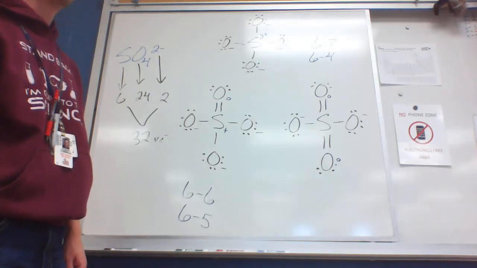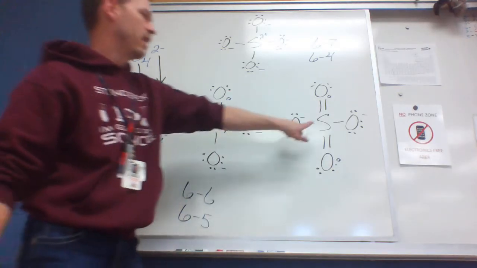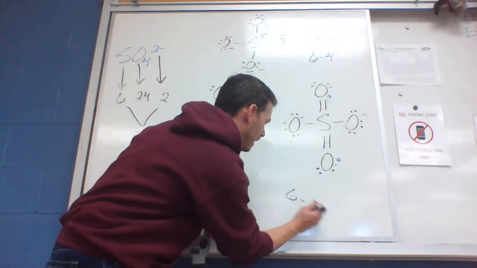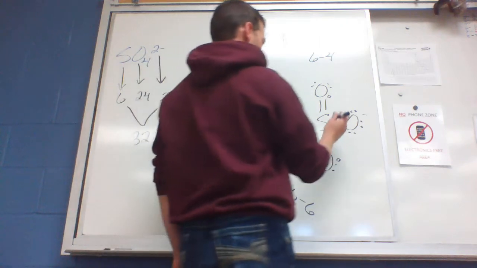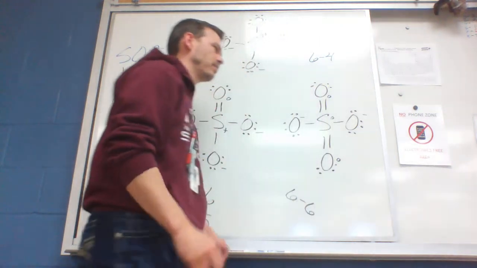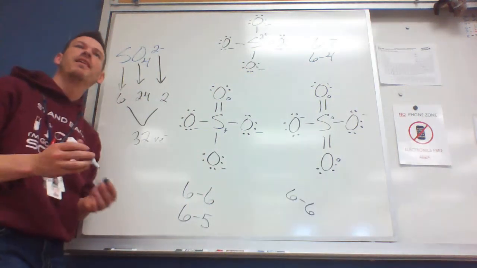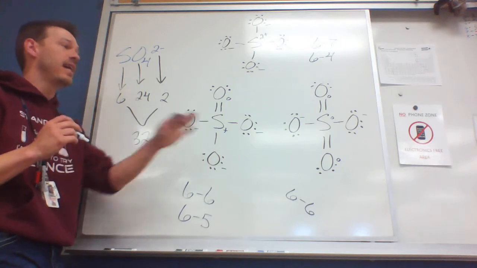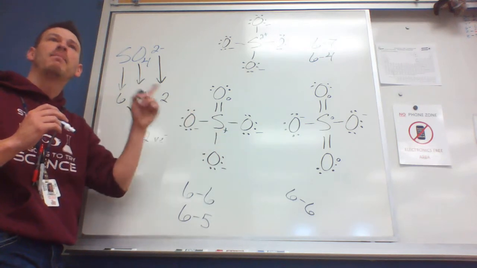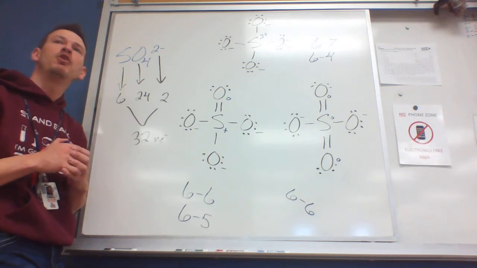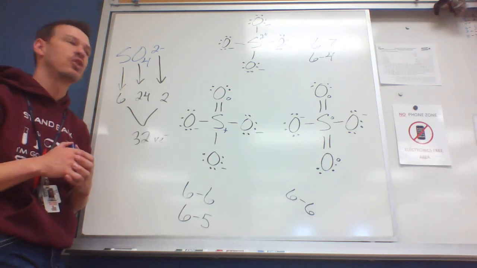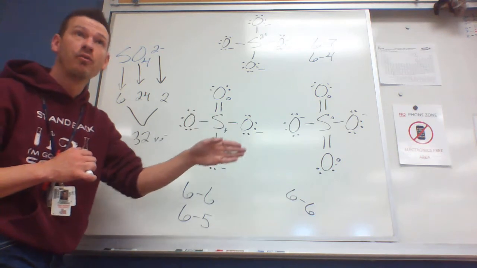That's a different situation. This sulfur is now 6 minus 6, giving you the -2 charge. This is the very best structure for sulfate, because if you try to fold in another one, it starts to take you away from this perfection.